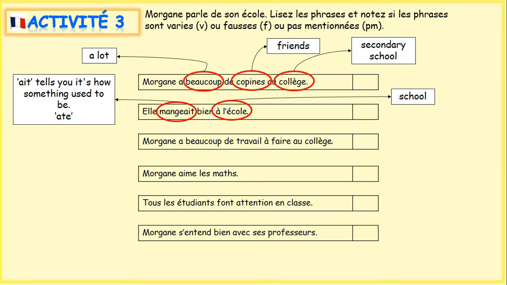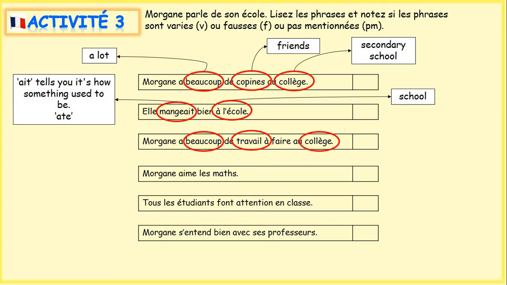Let's have a look at the third phrase now. I want you first of all to pause and think, what are the key words that I need to know to work out is this phrase going to be true or false? So the key words I've circled for you to understand what the phrase means so that we can verify if it's true or false are beaucoup, travail and collège.